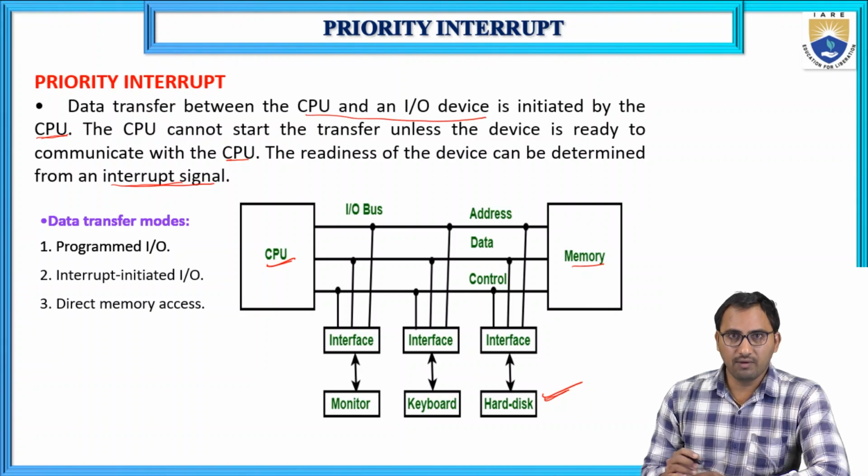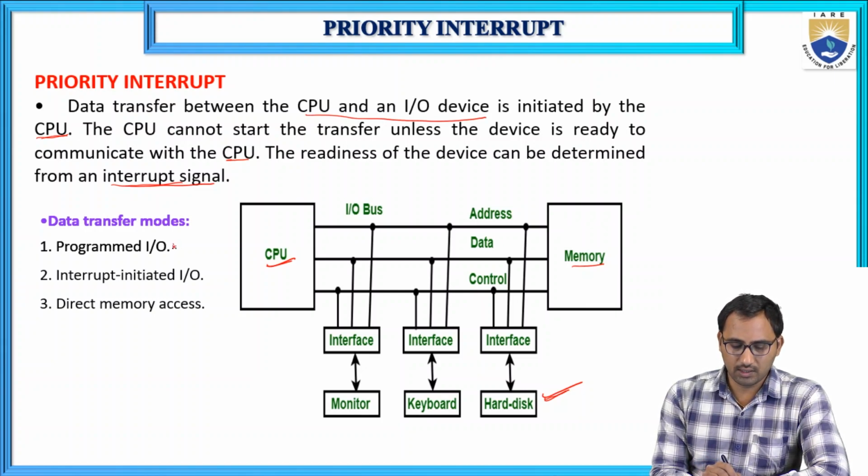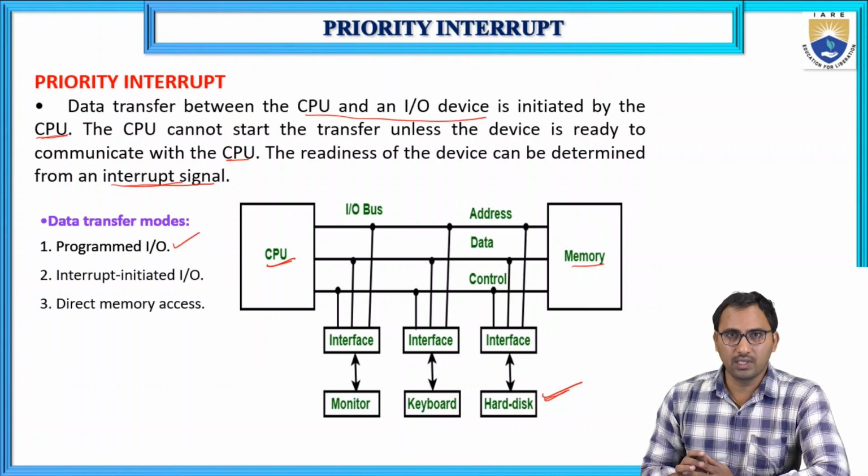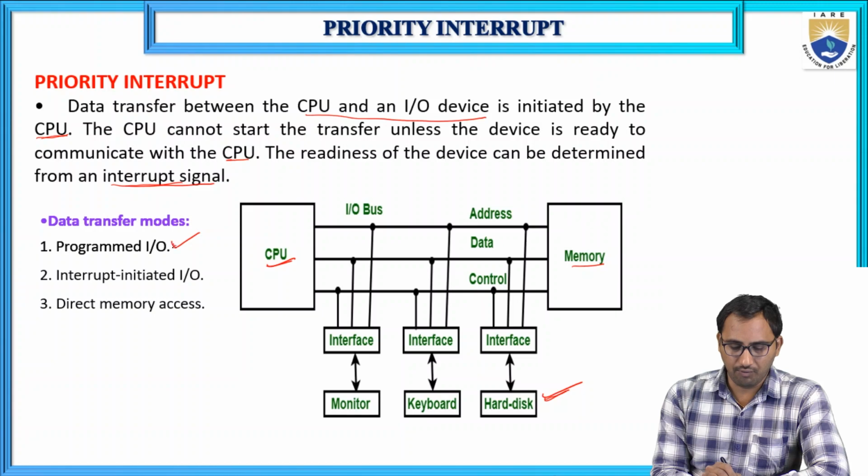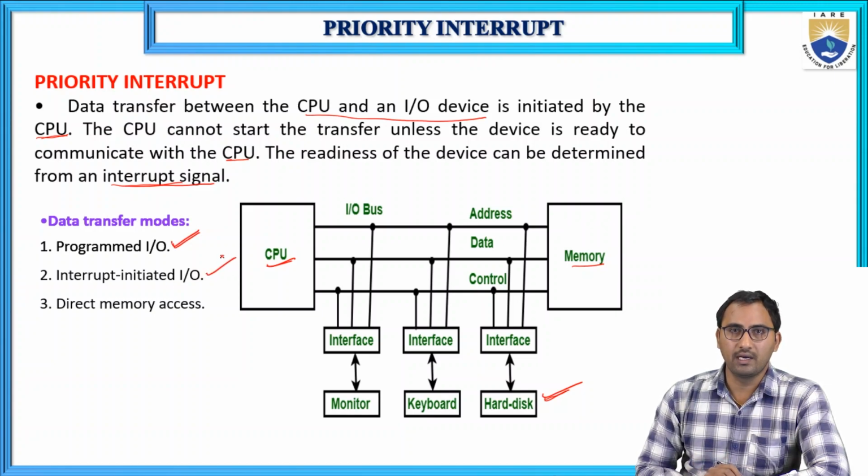There are different data transfer modes. Basically we have three types: the first one is programmed I/O, the second one is interrupt initiated I/O data transfer, and the third one is direct memory access.